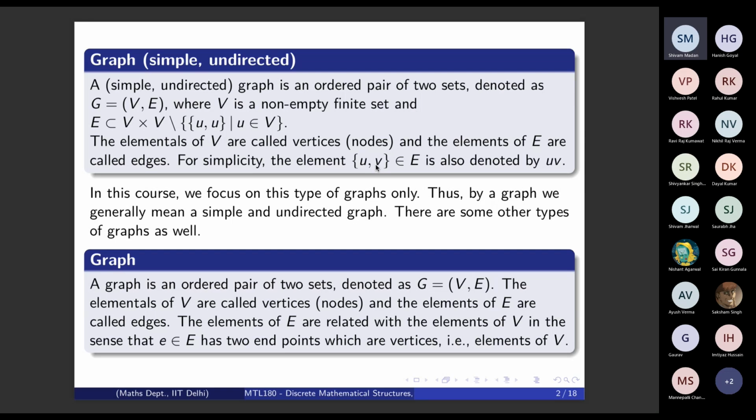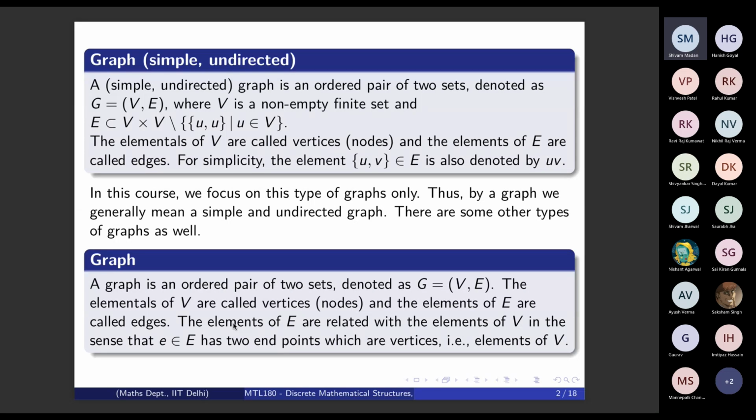But in general we can denote a graph which can be a multi-graph or pseudo-graph. We will define that. So what is actually a graph? A graph is an ordered pair of two sets denoted by V comma E, where the elements of V are called vertices and the elements of E are called edges.